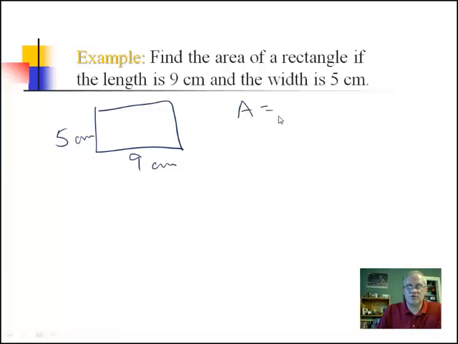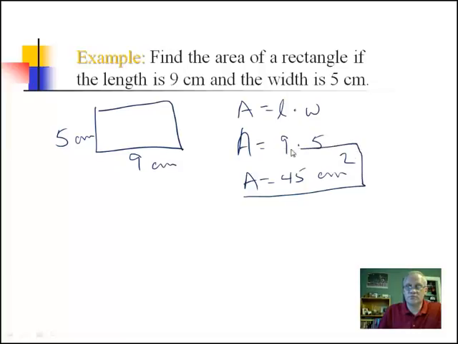Area equals length times width. 5 and 9 are the length and the width, so all we have to do is plug those in. Area would equal the length, which is 9, times the width, which is 5, so the area would equal 45 centimeters squared. Okay. So area is always in square units, whatever the units may be, in this case centimeters.